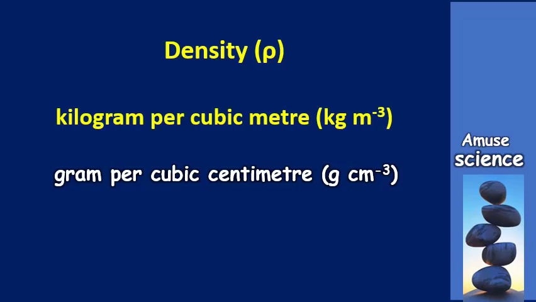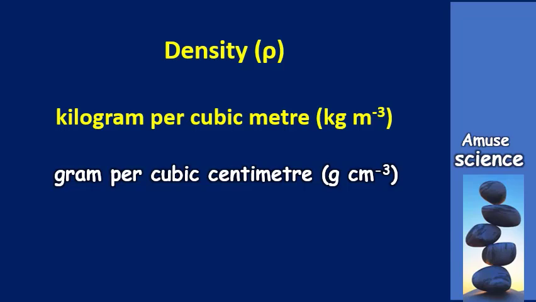Alright. Sometimes in our computations, it will require us to change the unit of either the mass or the volume to another for us to be able to solve a question. In the course of this tutorial, we will address that. But for now, we want to talk more about the formula for density.